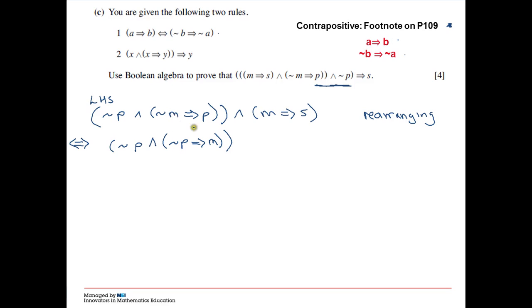So not M becomes not M, which is M, and P becomes not P. So what I've used there is the contrapositive. And now we've got not P and not P implies M. Well, if you look up here, X and X implies Y is the same as just Y. So not P and not P implies M is going to be the same as just M.